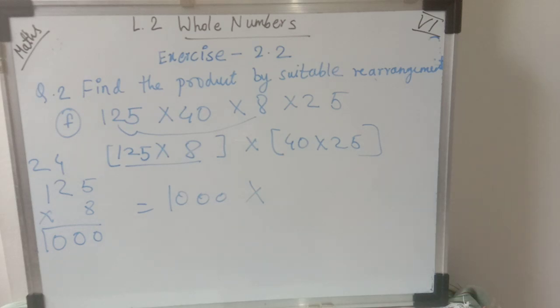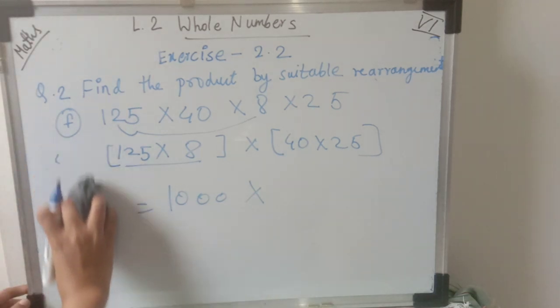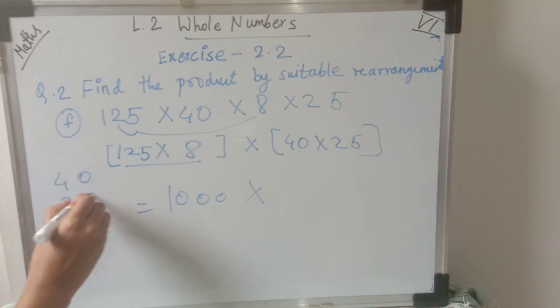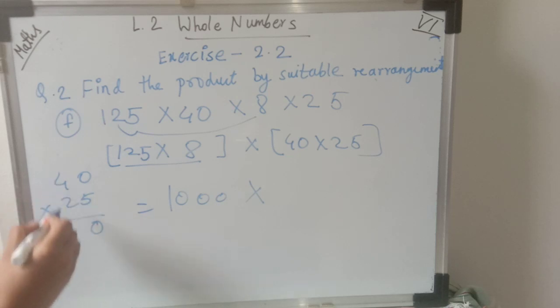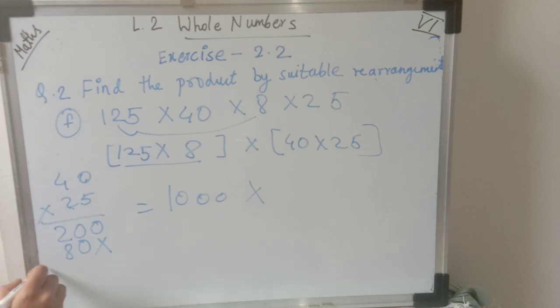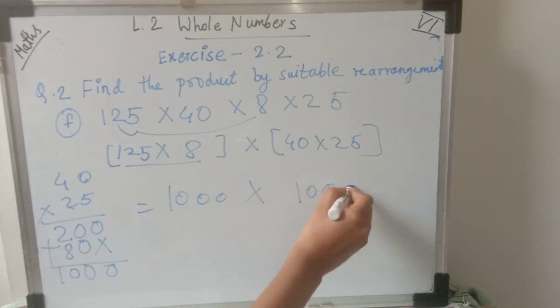Again here for your understanding I will do the multiplication of those two numbers. 40 multiplied by 25, 5 zeros are 0, 5 4s are 20, here cross, 2 zeros are 0, 2 4s are 8. So here 0 0, 8 plus 2 10. So here also we got the 1000.